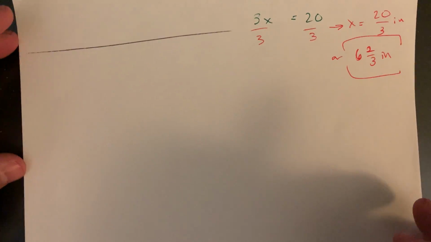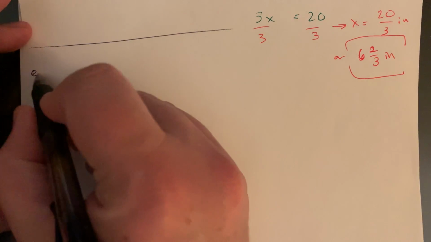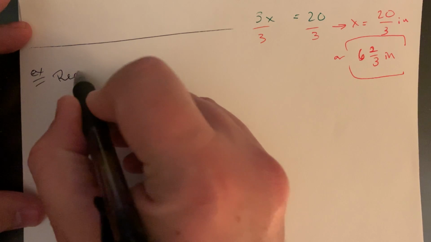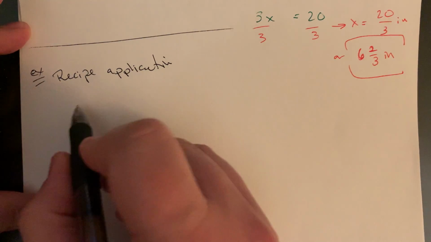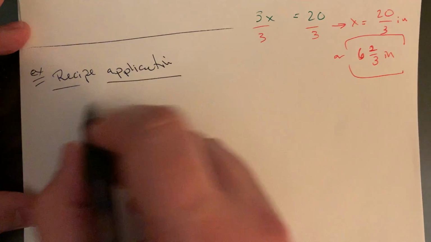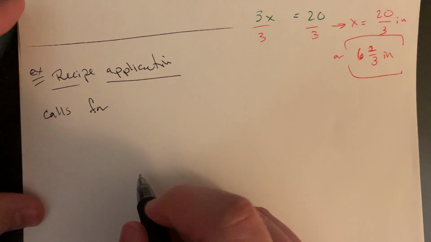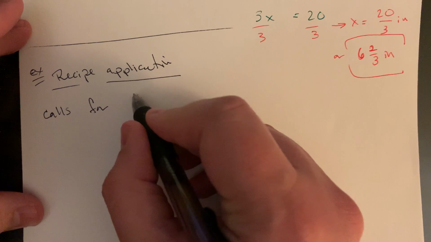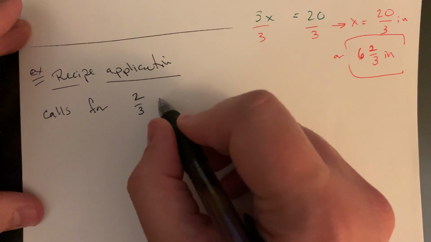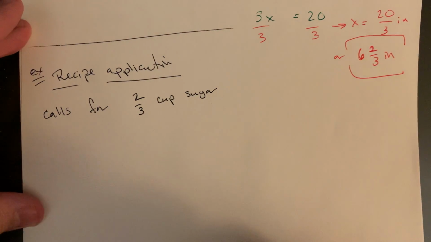Another application might be more generic. I always think of these like cooking applications, these recipe applications. So say the recipe calls for 2/3 of a cup of sugar for this particular recipe.